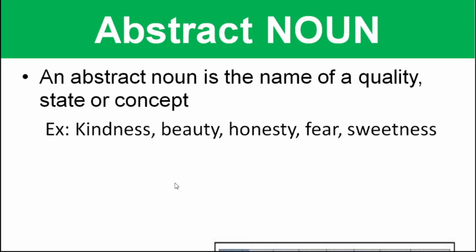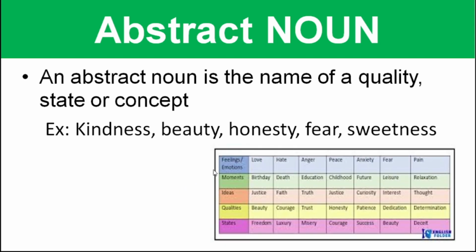Now for more understanding, here is the classification of the abstract nouns. Based on emotions, abstract nouns we use are love, hate, anger, peace, anxiety, fear, pain. Abstract nouns under moments are birthday, death, education, childhood, future, leisure, relaxation.